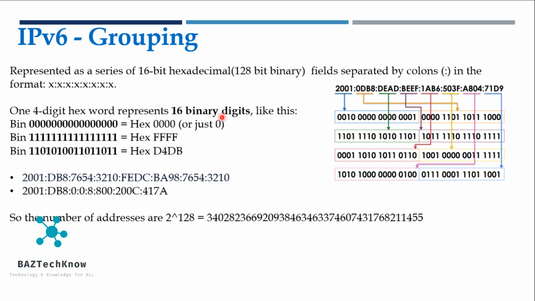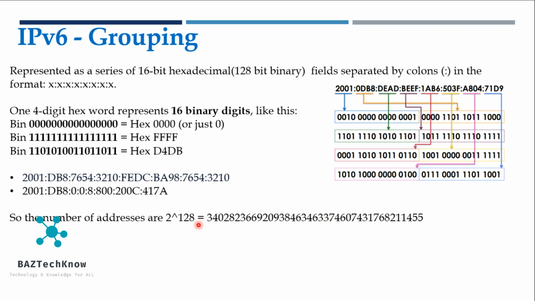Now I'll tell you one thing: in IPv4, how many possible IP addresses are there? For example, 2 to the power 32, which is almost 4 billion. But when it comes to IPv6, it's 2 to the power 128, which is like this.